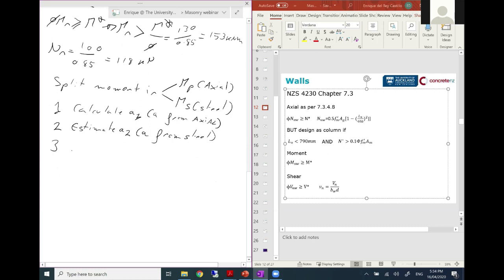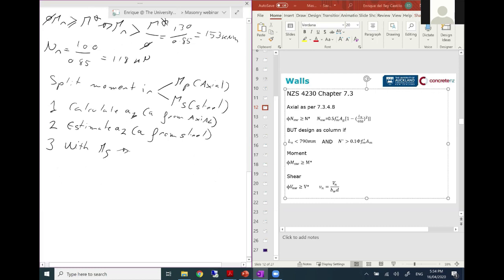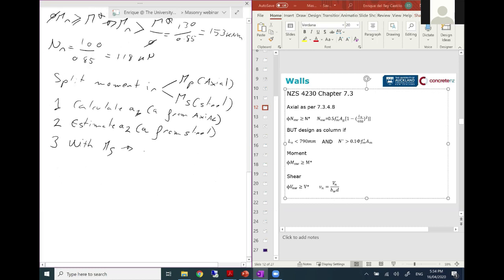Point 3 is, with the moment coming from the steel that we can calculate because we have the A from the steel, we estimate, or we propose or try, a steel content.